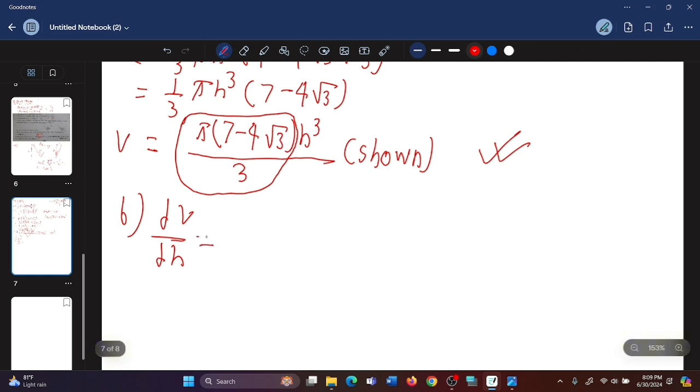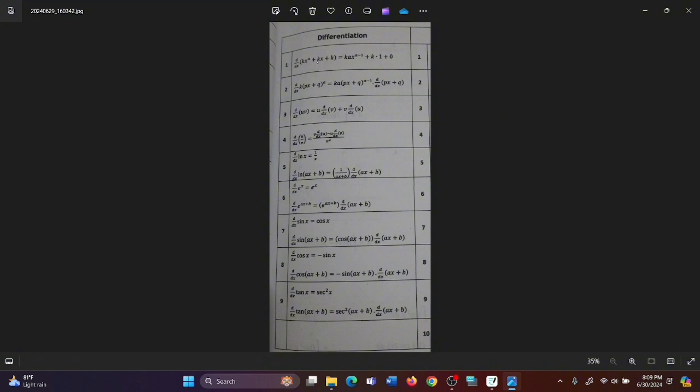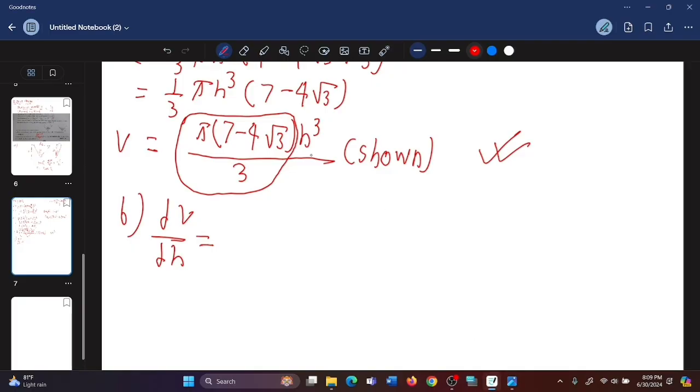Thus, we need to use the simple formula of differentiation, this first formula, where we bring the power in front and subtract 1 from the power. So let's do it. This is a constant. Let's remove the circle, it's getting confusing. So let's bring 3 in front.